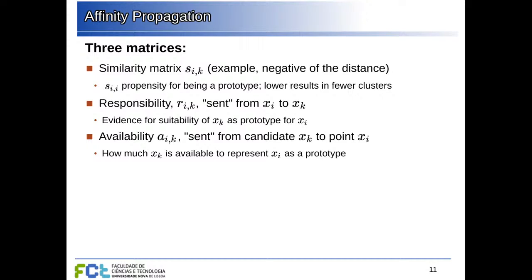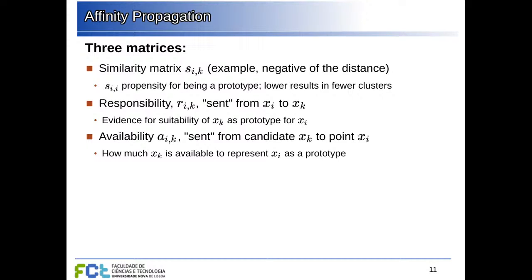So they relate all the different examples. And we have this first similarity matrix that measures the similarity between all pairs of examples. The similarity is something that is symmetrical to the distance, for example, so you can use minus the distance for the similarity.